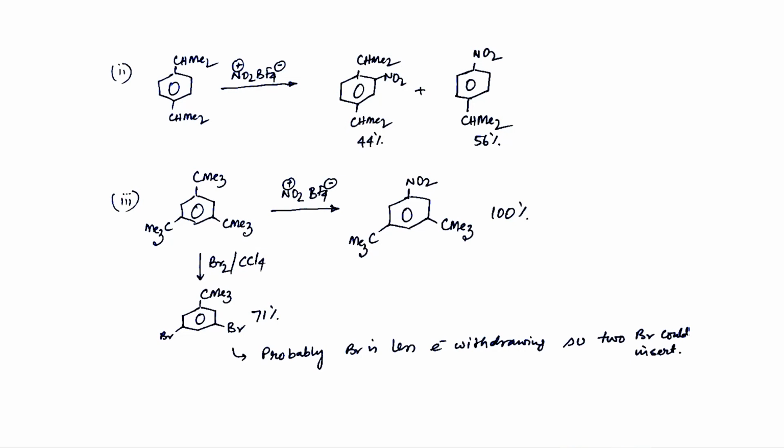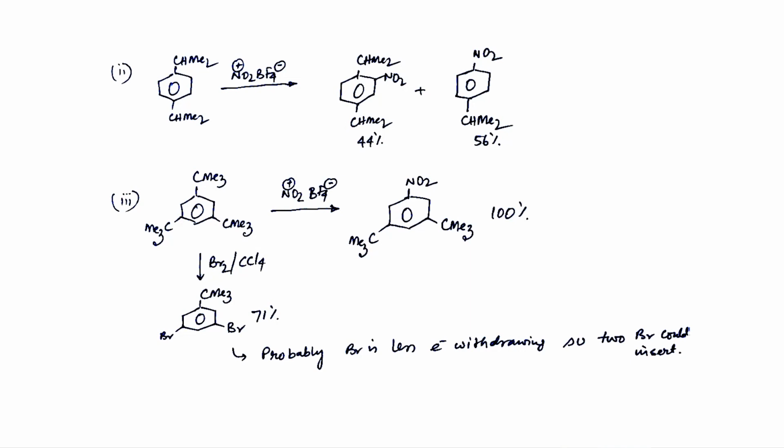So the electronic effect is actually leading to this kind of product formation. You can see a detailed explanation or examples in the book of Peter Sykes. These examples are also there. You can find and see.